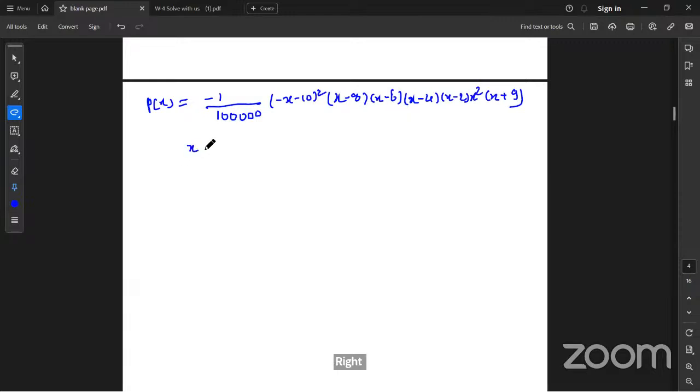What will be the roots of p(x)? The roots are minus 10, minus 9, minus 8, minus 6, 0, 2, 4, 6, 8. Let's go in descending order.